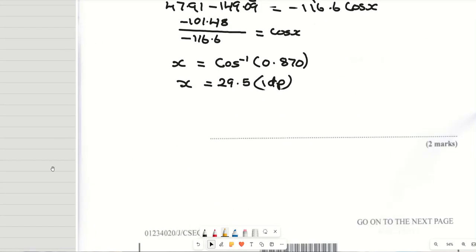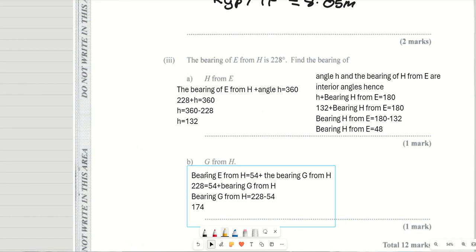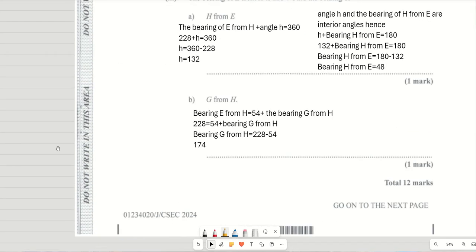So if we subtract those two, it should give you that angle. So you carry across that 54, which turns to minus 54. So we know that the bearing of G from H would be 174, and that is how you would do this question.